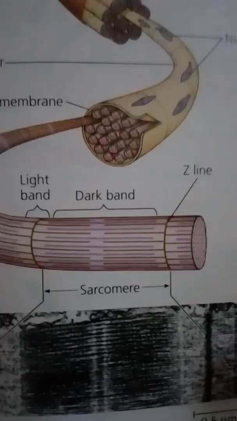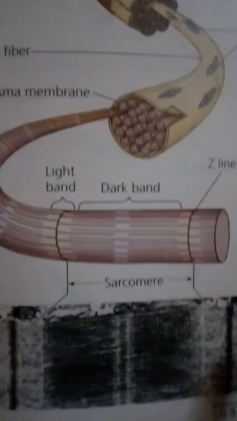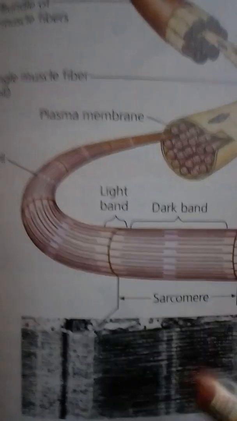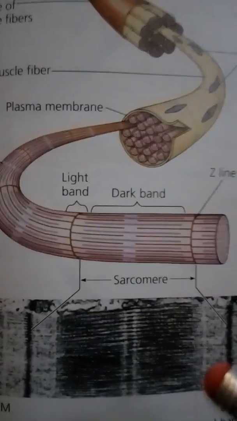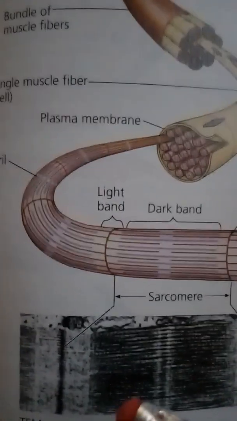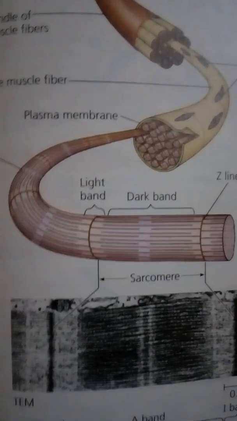Thin filaments are attached to the Z lines and project toward the center of the sarcomere, while thick filaments are centered in the sarcomere. In a muscle fiber at rest, thick and thin filaments do not overlap completely, and the area near the edge of the sarcomere where there are only thin filaments is called the I band.